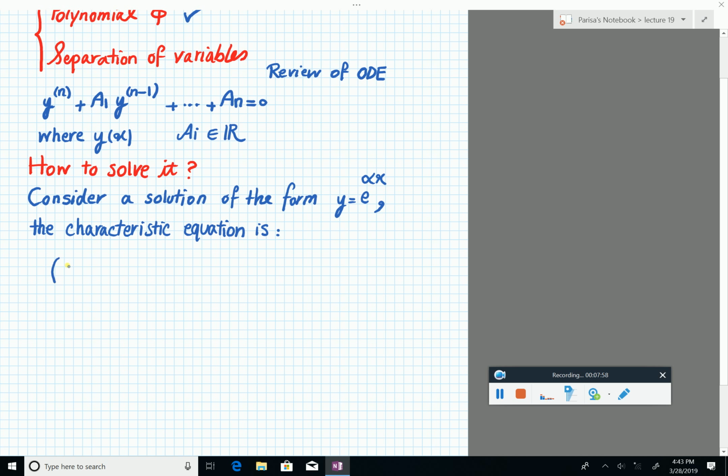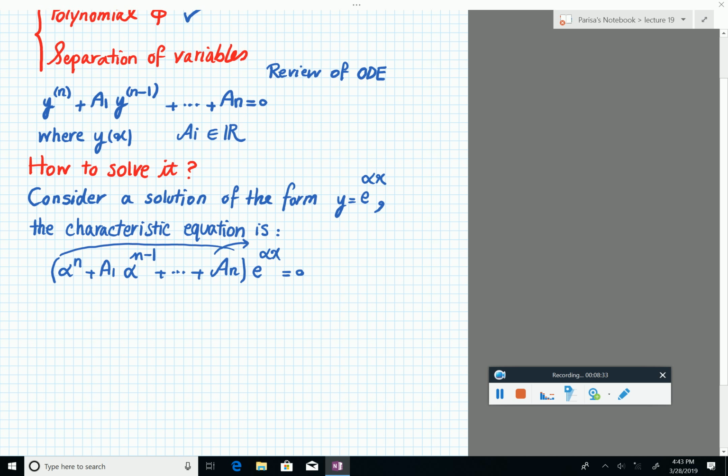You can easily see y alpha n plus a1 alpha n minus 1 plus an times... and for this, basically if you substitute you get that, and the characteristic equation is basically this part, right?